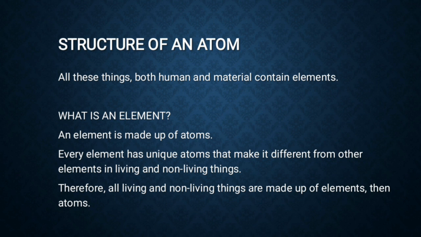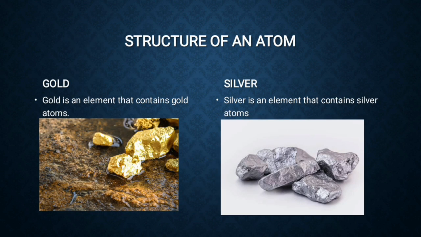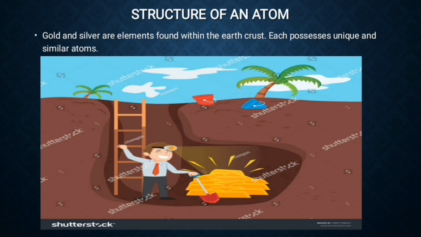Then we also looked at an element. An element is made up of atoms, and every element has its own unique atoms that make it different from other elements in living and non-living things. We saw gold and silver as elements. Gold is an element that contains gold atoms. Silver is an element that contains silver atoms, and both are found within the earth crust.